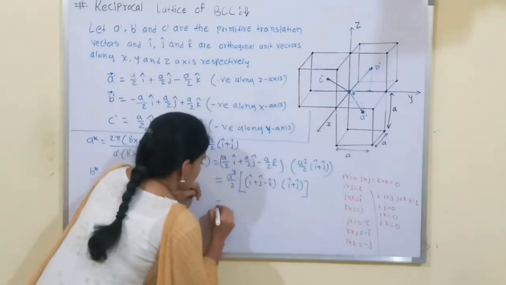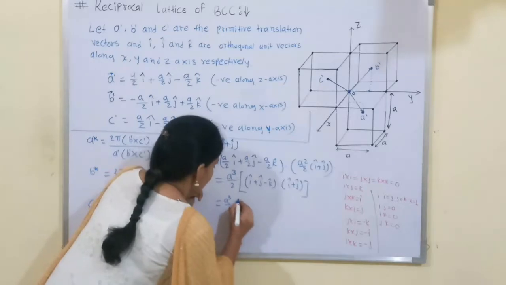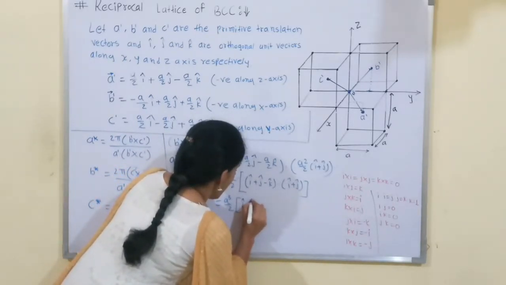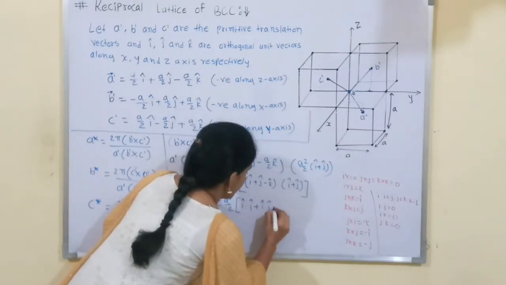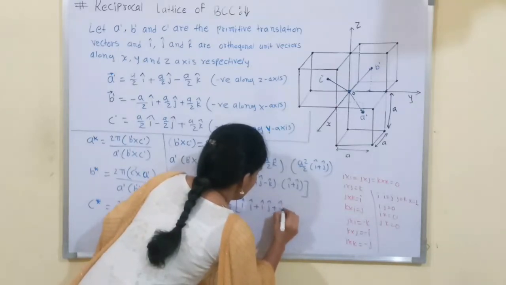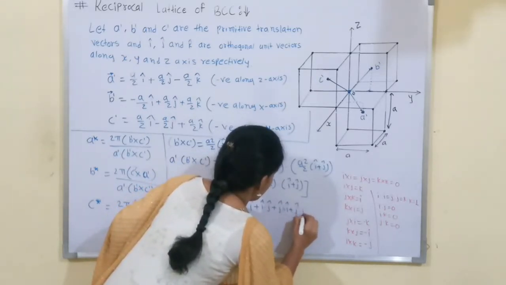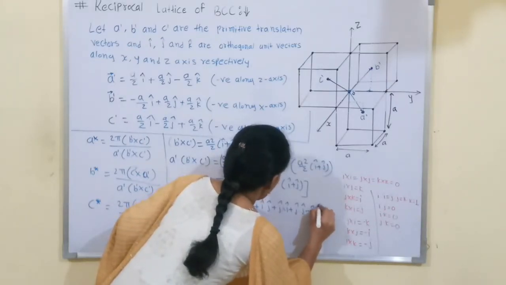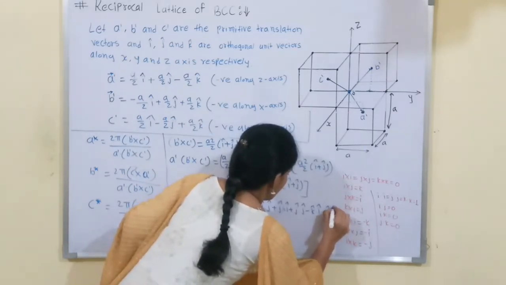Okay, so here A cube by 2, what is I dot I plus I dot J plus J dot I plus J dot J minus K dot I minus K dot J.